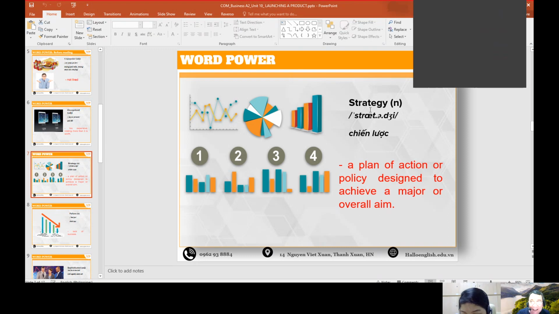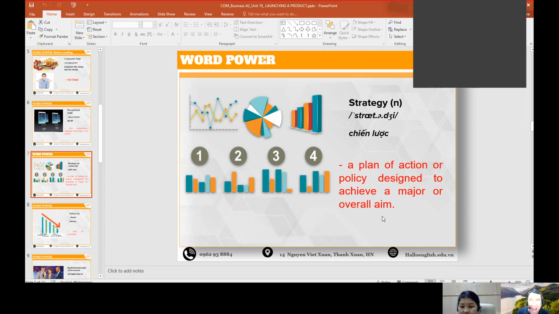And that is strategy. Again, strategy. Yes, strategy. Strategy means a plan of action or policy designed to achieve a major or overall aim.